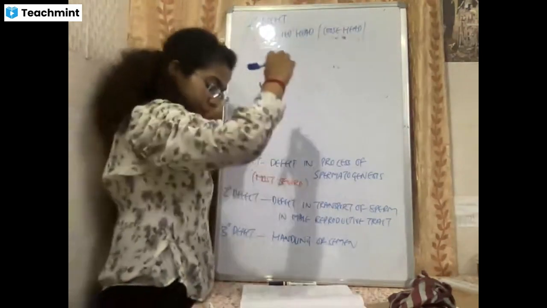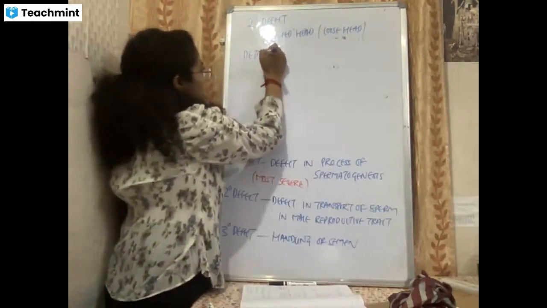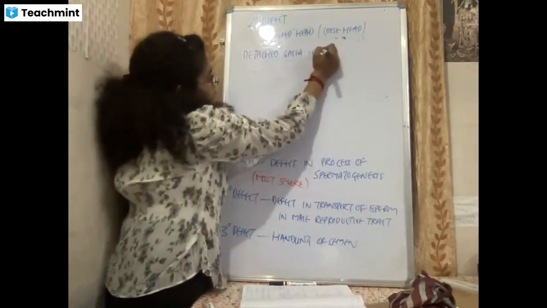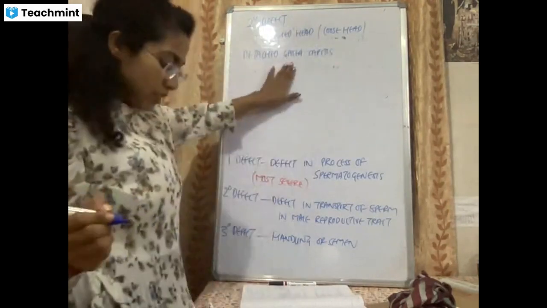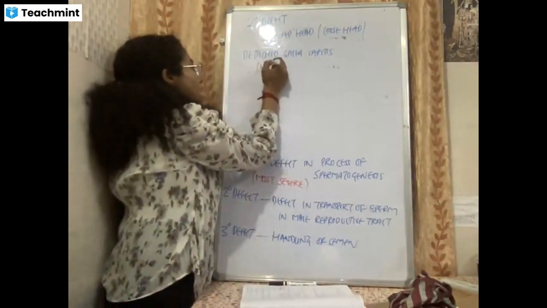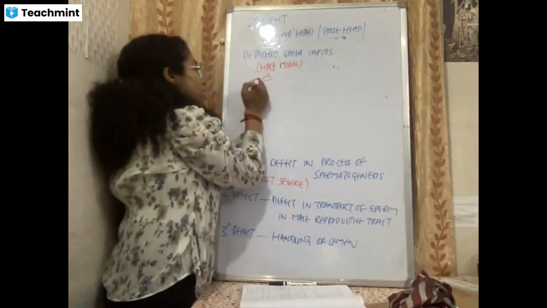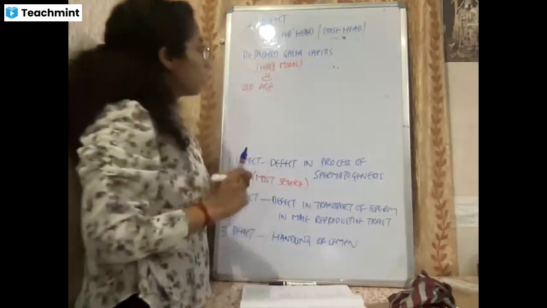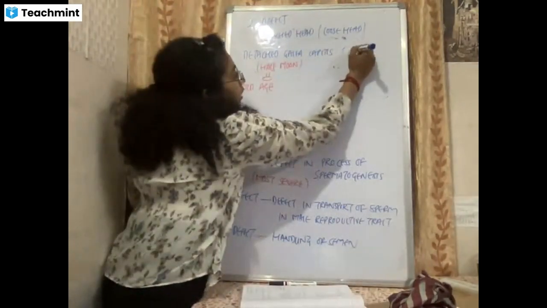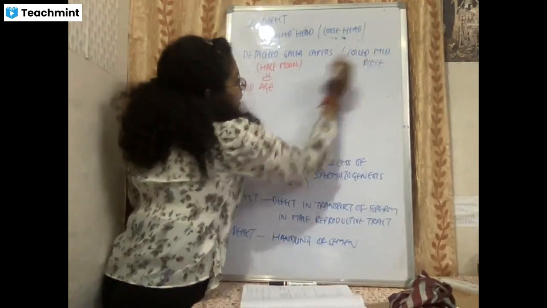Then we have detached Galea capitis. When this Galea capitis is detached, it gives you the half moon appearance. This basically occurs in the old age sperms. Then we have coiled middle piece.